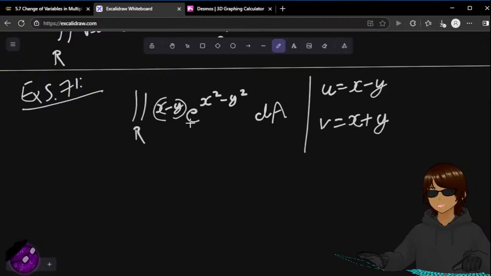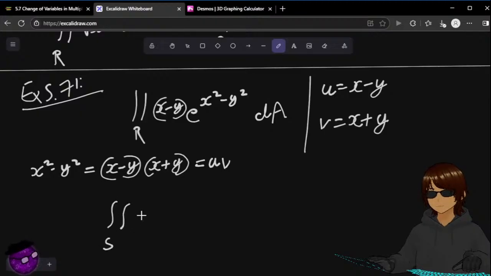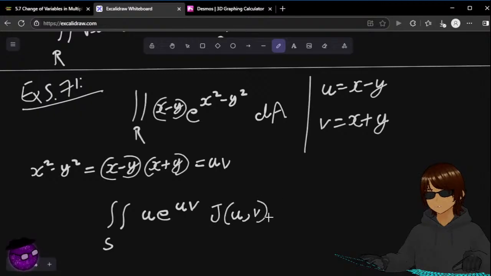Then we can write this as, so we have the integral of u e to the power of uv, Jacobian uv du dv.